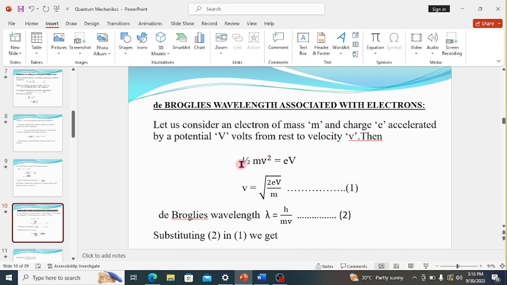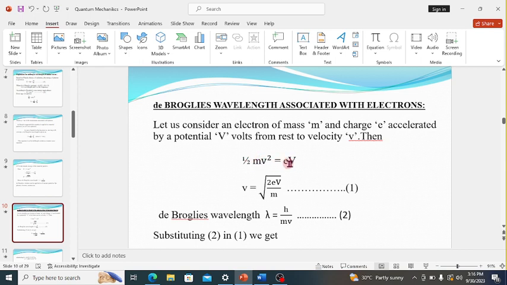So kinetic energy of the electron is half m v square, mass into velocity square, which is equal to kinetic energy in terms of potential. Kinetic energy in terms of potential can be written as qV. q is the charge, but here we have taken charge as e. So eV. If I take this to this side, I'll get 2eV.